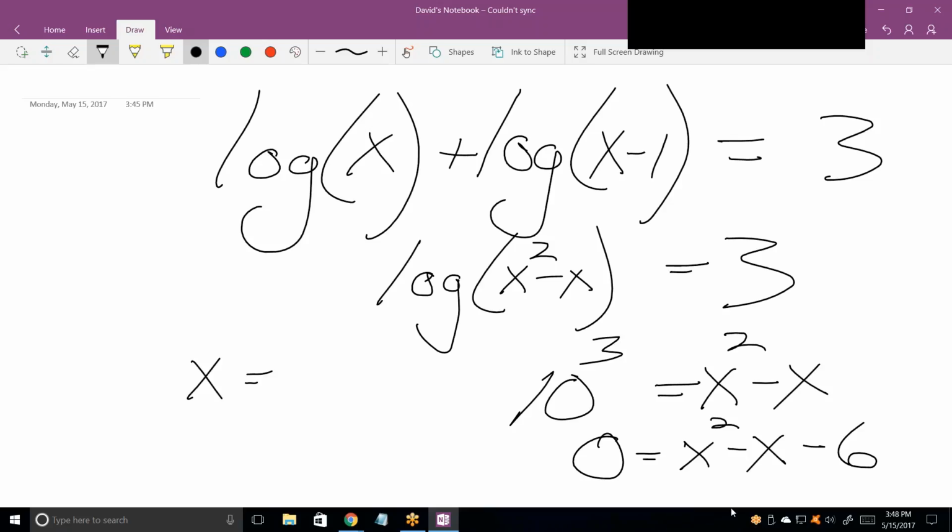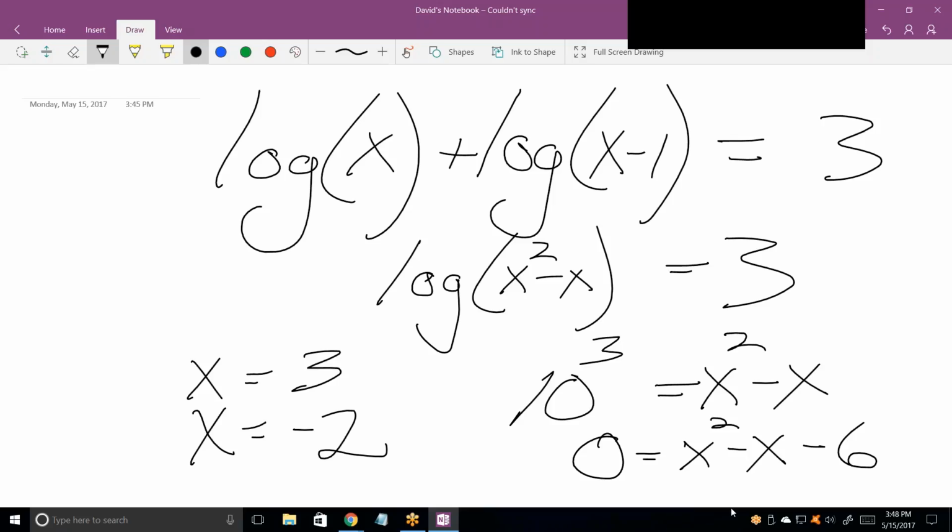We can factor it into x minus 3 times x plus 2. So what are my two x answers? 3, negative 2. Both of those valid? You have to run them through to make sure.